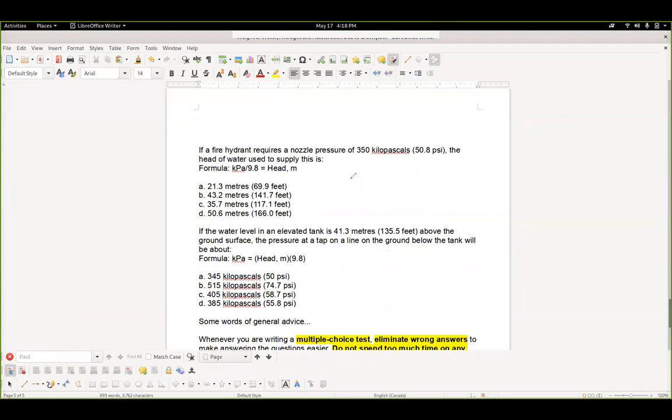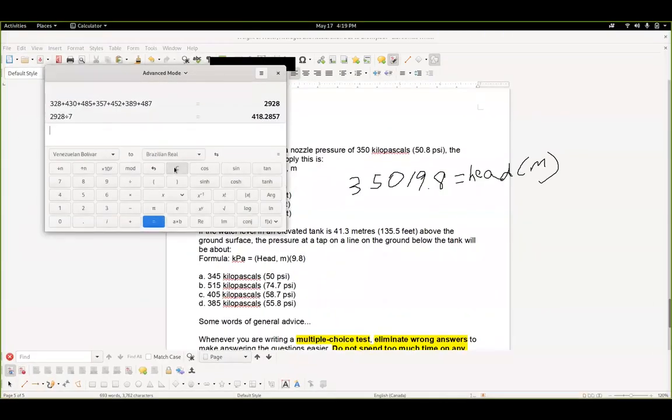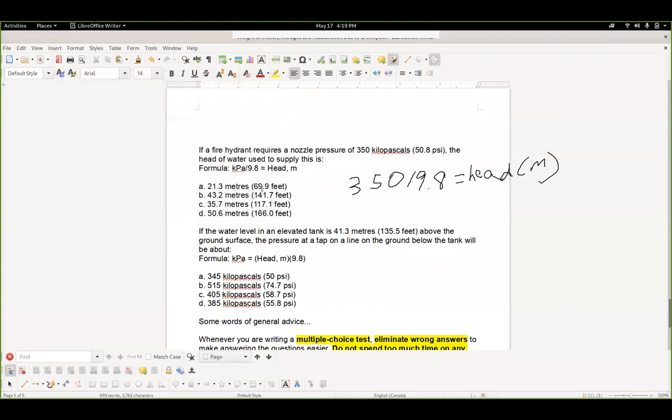The kilopascals would be 350, and we divide that by 9.8. That gives us the head in meters. Okay, so we're going to use our calculator: 350 divided by 9.8. And we get 35.71, so 35.7, so it would be answer C.